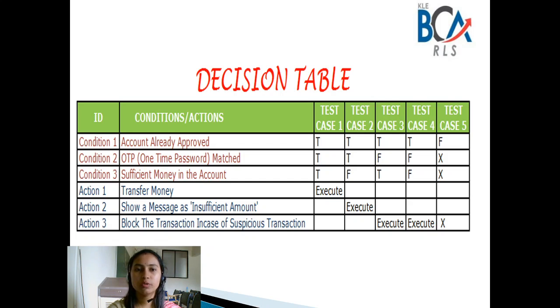It is giving you the expected output and the test case is passed, so you say it as true. And F means it has failed, so the test case has failed for some particular reason. X is sometimes not applicable, and execute means the transfer money is executed successfully. So this is an example of a decision table.